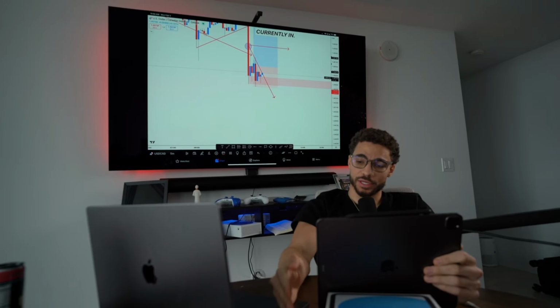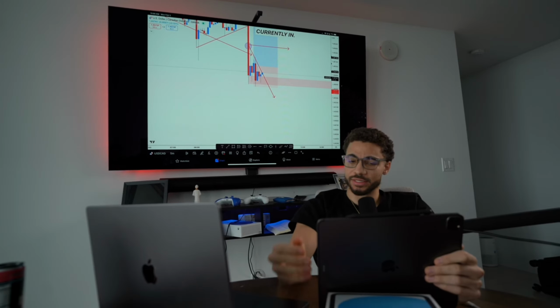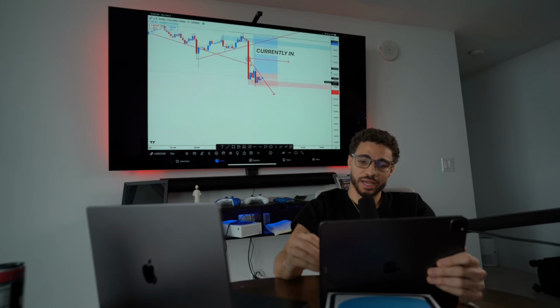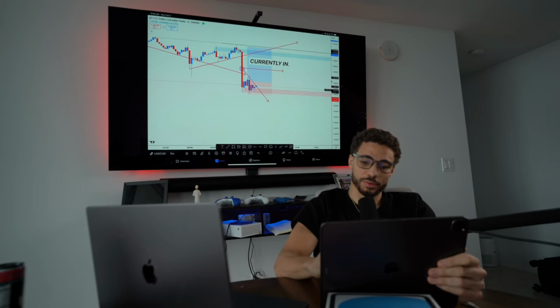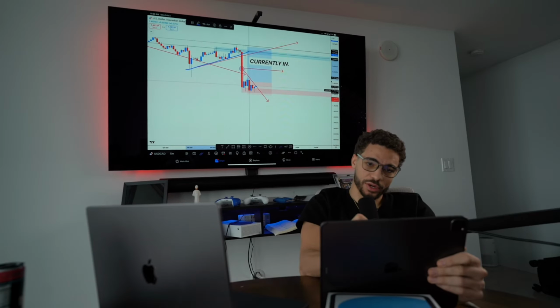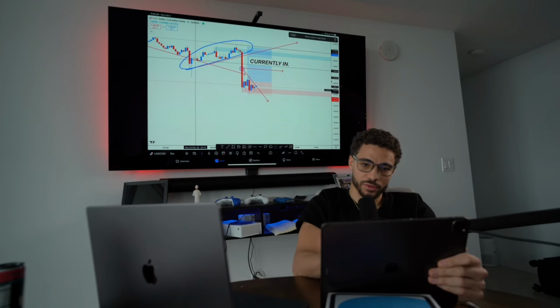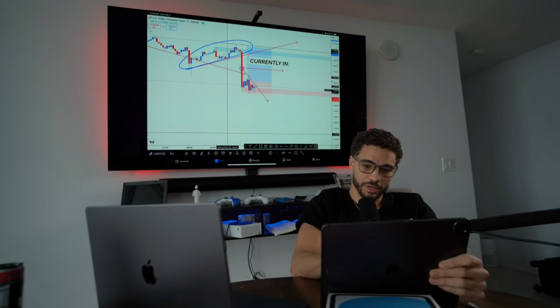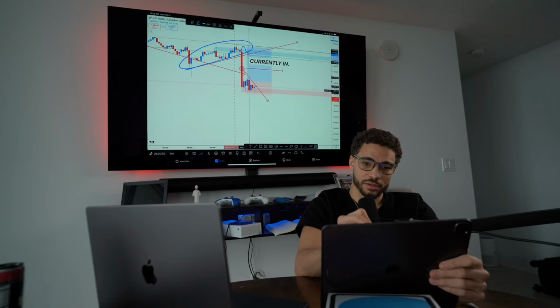One thing I will say is I usually see a lot of good in sync moves. What I do like is if you guys do focus on the way we've been looking with our fundamentals, this was our in sync base. The news came out right here. So when the news came out, we had a very strong in sync base, and now we're in our out of sync phase.